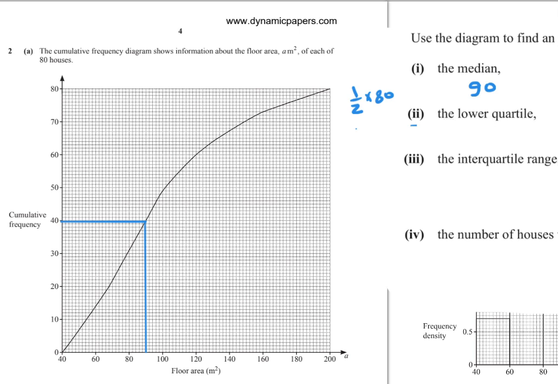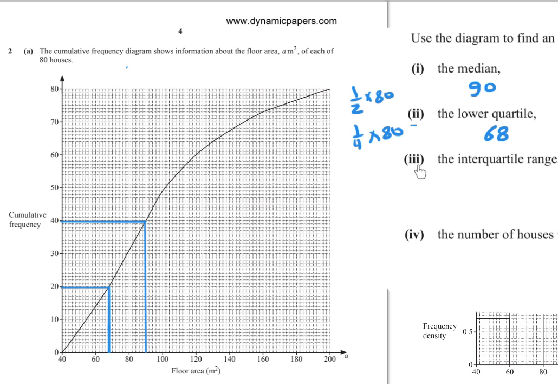So 1 over 4 times 80 equals 20. Start from 20, horizontal line, then find the corresponding value. So the lower quartile, 4 squares after 60, and each square represents 2, so 68.